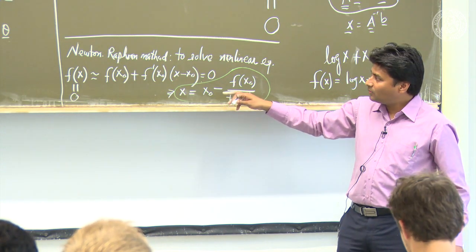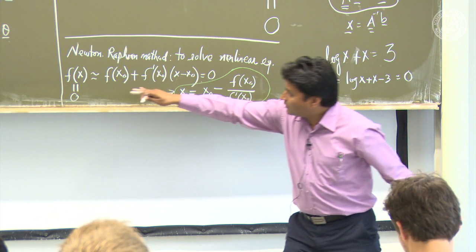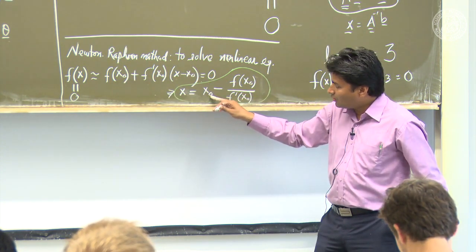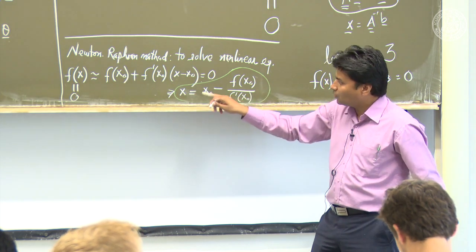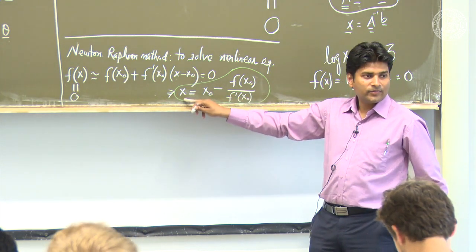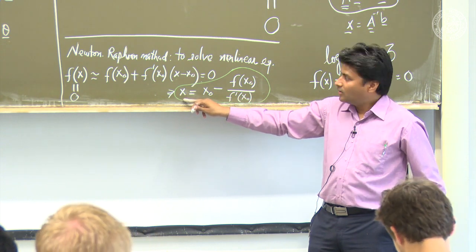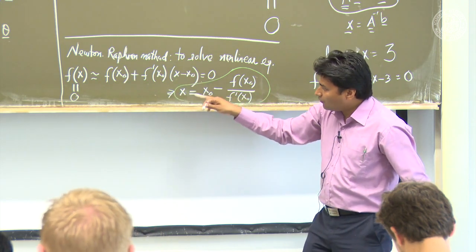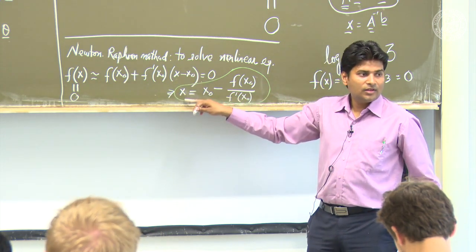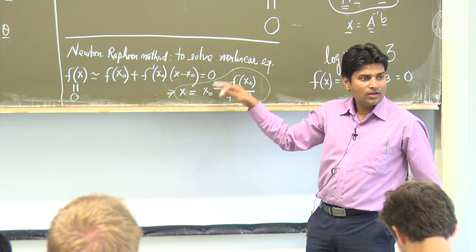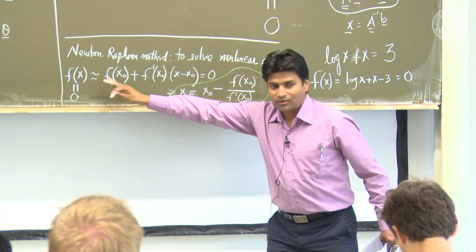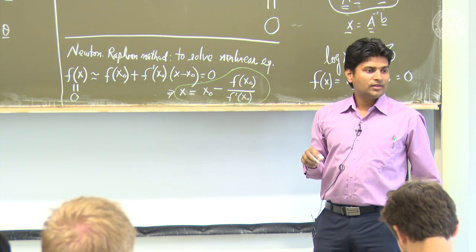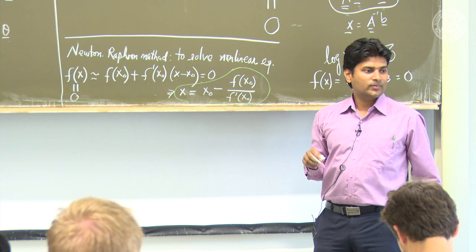So x naught then becomes x, and you further linearize it about the new x naught, and again solve for new x. So you keep on doing it until your f of x becomes equal to 0. So that's your Newton-Raphson scheme.